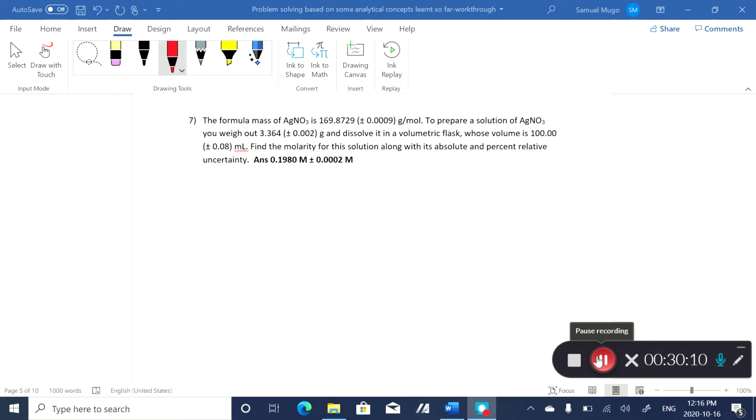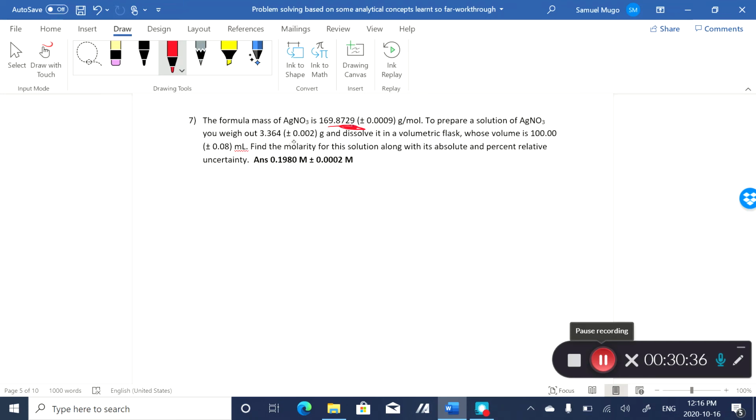Remember when we did some work on uncertainty, and so this one asks you about uncertainty and error propagation. And so you've been given the molecular weight of silver nitrate as such, and you've been asked to prepare a solution of silver nitrate.